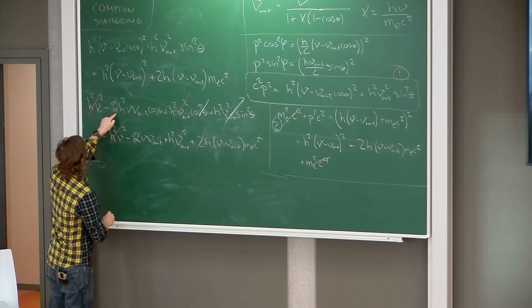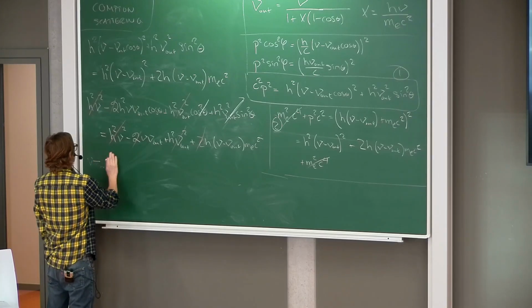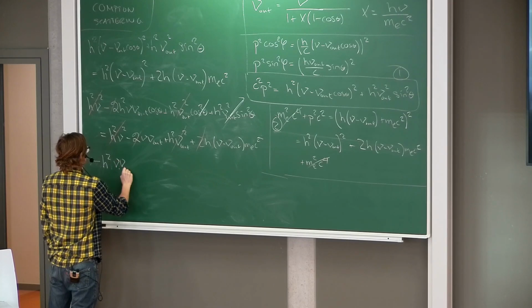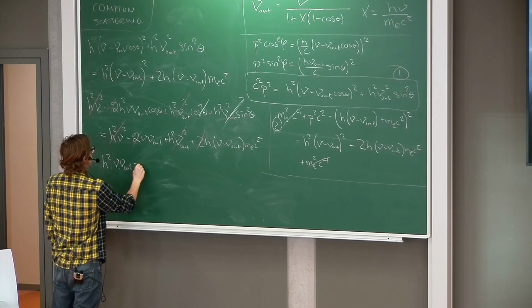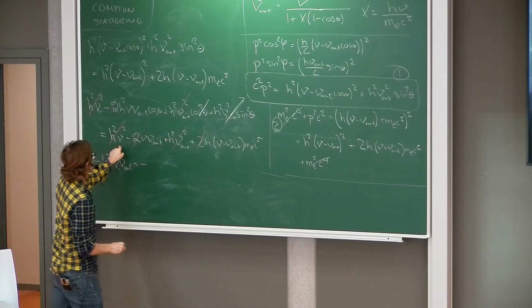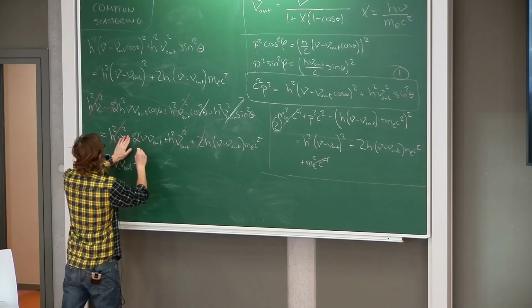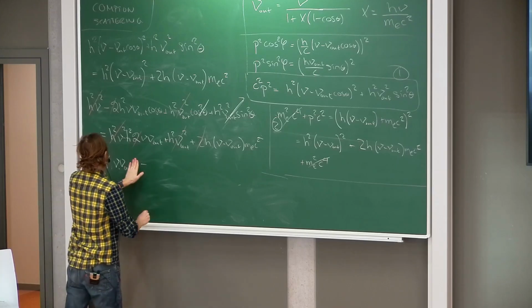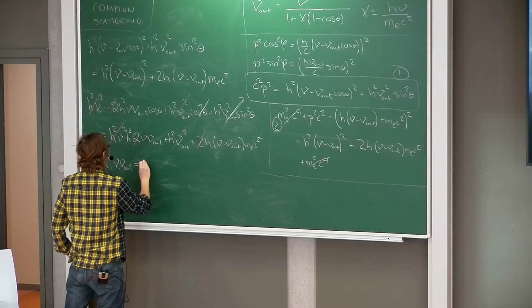What did I cancel? I canceled the 2's, right? So essentially I have the h squared still there. Nu out equals 2 minus, yes, I forgot the h squared there. Yes, there was the issue.